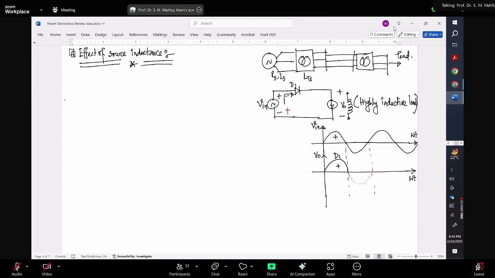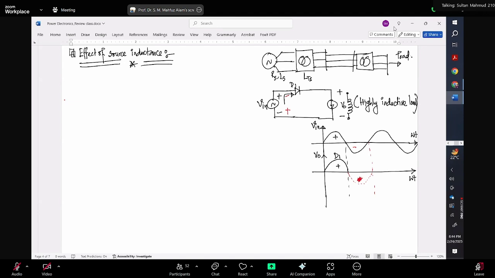So if your input voltage is like this, sorry, this should be negative, and your output voltage is the same as the input voltage, what would be the average value of this output waveform? 0.